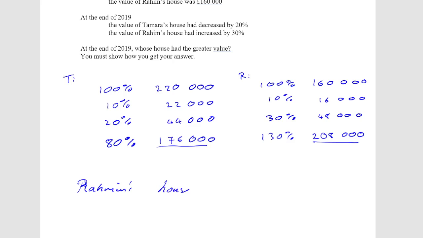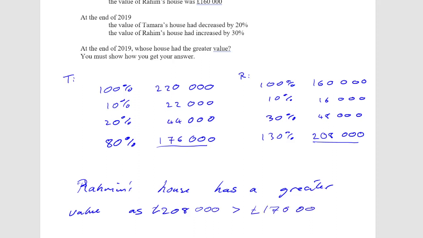Rahim's house has a greater value as £208,000 is greater than 176,000.